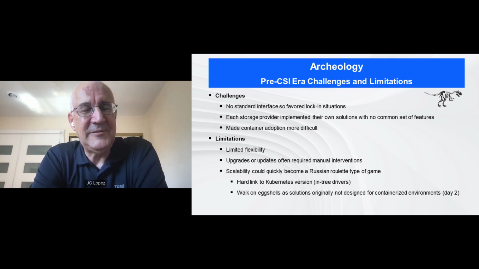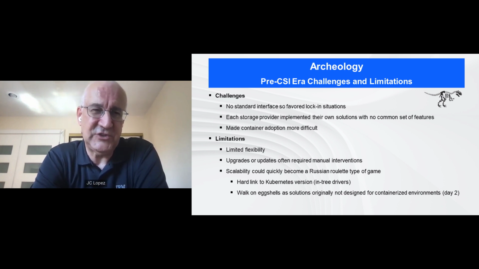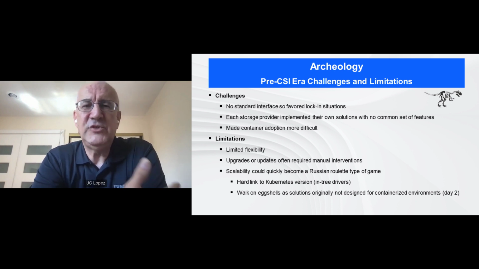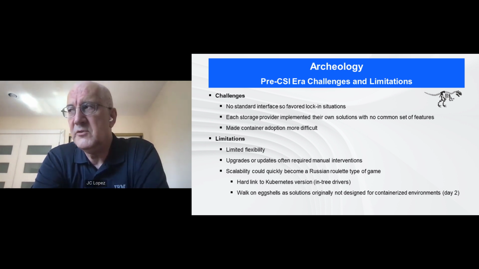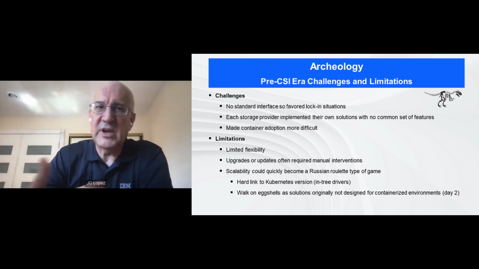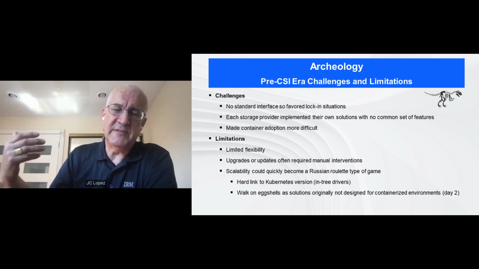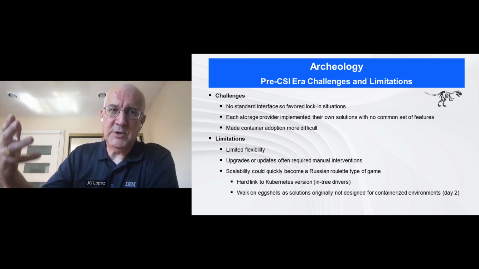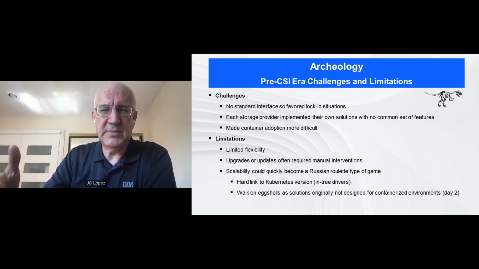If we look at the challenges of this pre-CSI era, first of all, there was no standard interface. Everyone was doing their own stuff in their own way in what we call in-tree drivers. And that really favored lock-in situations, because a storage provider would have their own driver and you would be stuck, because that's the driver you started using.